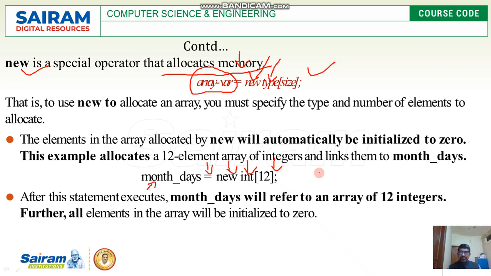In this case, we are going to have an array with 12 elements, and all the places will be initialized with 0. When after writing this statement, let me repeat, the array month_days will refer to an array of 12 integers, and all the integers are going to take a value 0 by default.